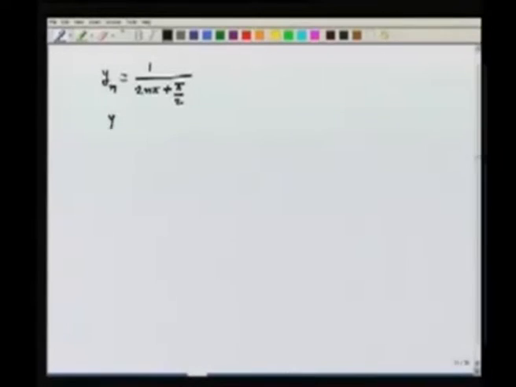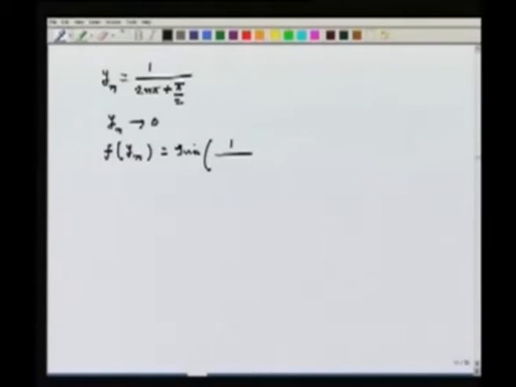Notice that yn converges to 0 as n goes to infinity. But then what is f of yn? That is sine of 1 over 2n pi plus pi by 2, which is just sine of twice n pi plus pi by 2.